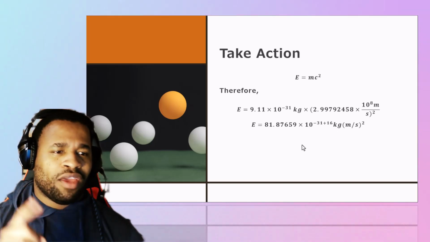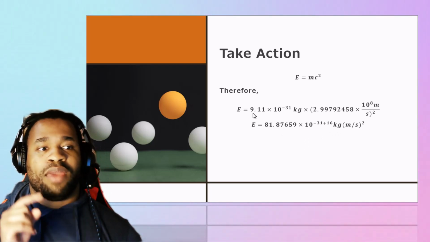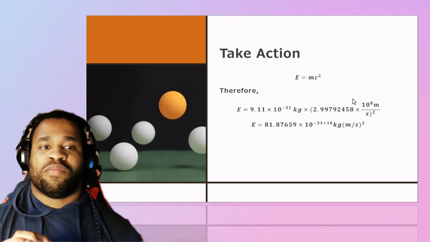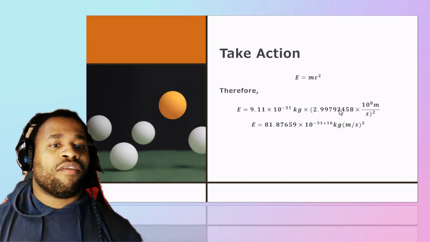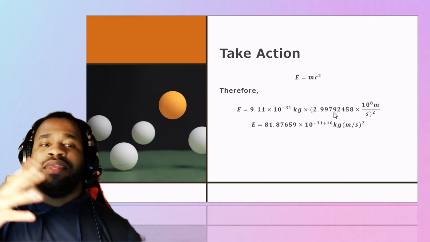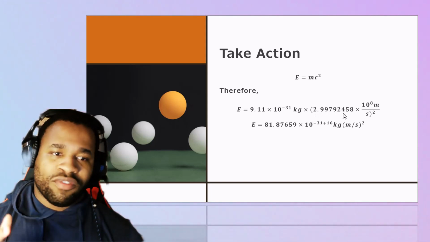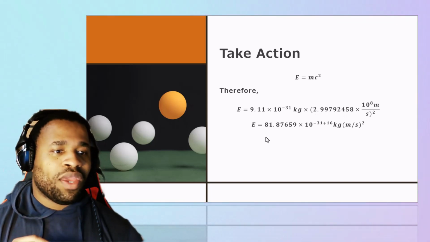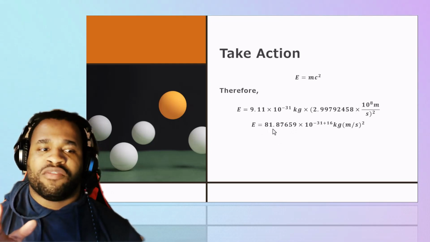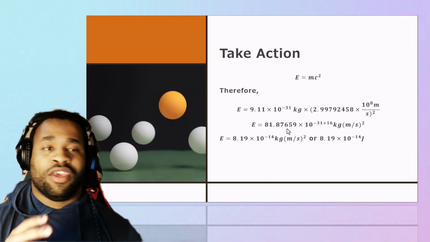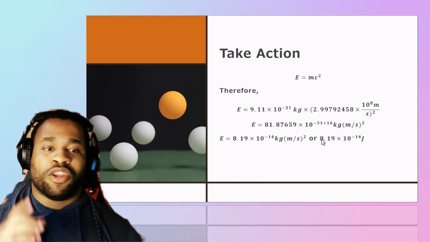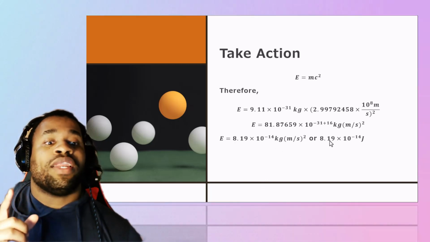But remember here that this number, 9.11, is multiplied by the what? The square of what? 2.99792458. And so we arrive at this. We just move the decimal point one step to the left, and then our final answer is going to set up in this particular manner to be 8.19.